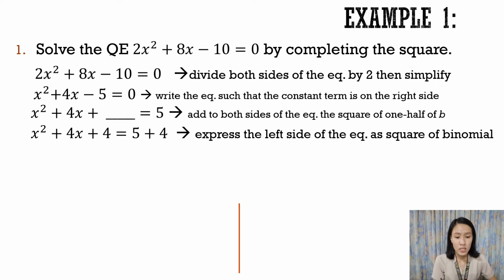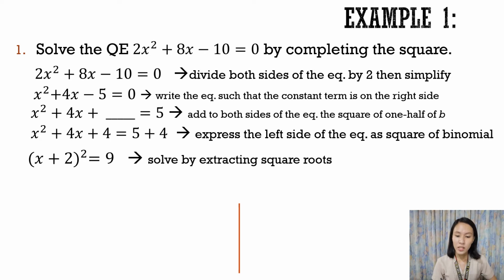So how can we express that? All you need to do is to find the square root of the first term x squared, which is x, and then the square root of your constant term, the square root of 4, which is 2. Therefore, we can now have the quantity of x plus 2 squared is equal to 5 plus 4, which is 9.